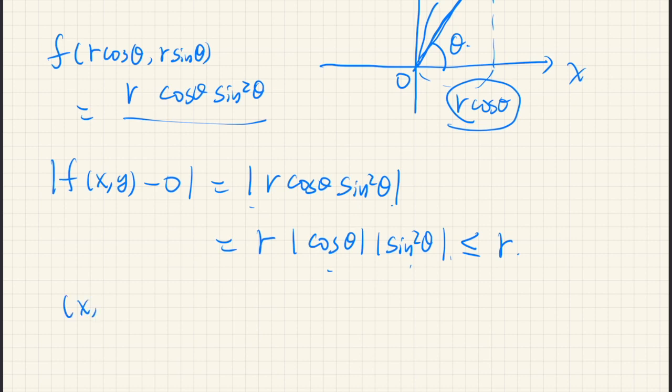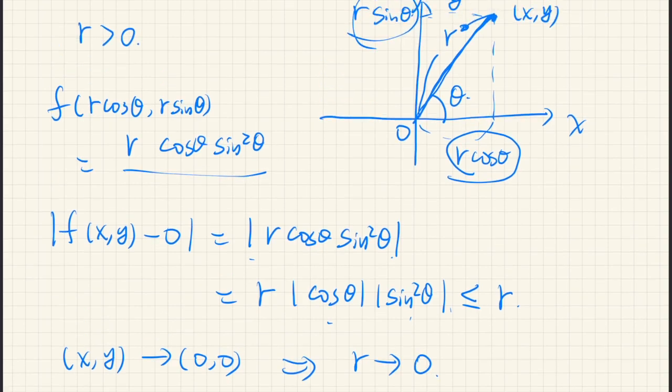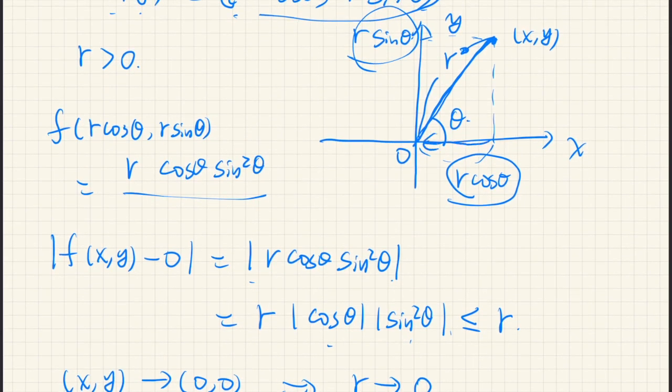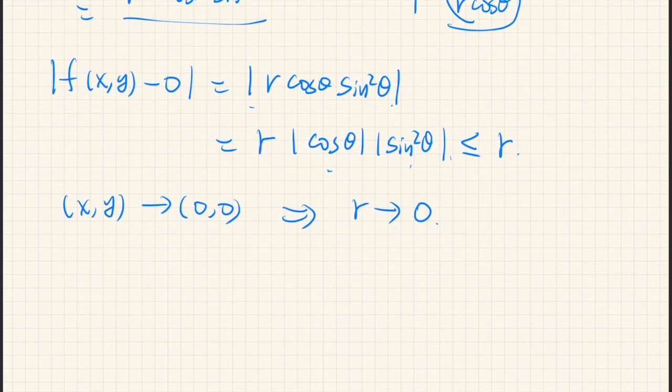So as x y approaches 0, 0, we have r approaches 0, right? Because x approaches 0 and y approaches 0, then this r approaches 0.